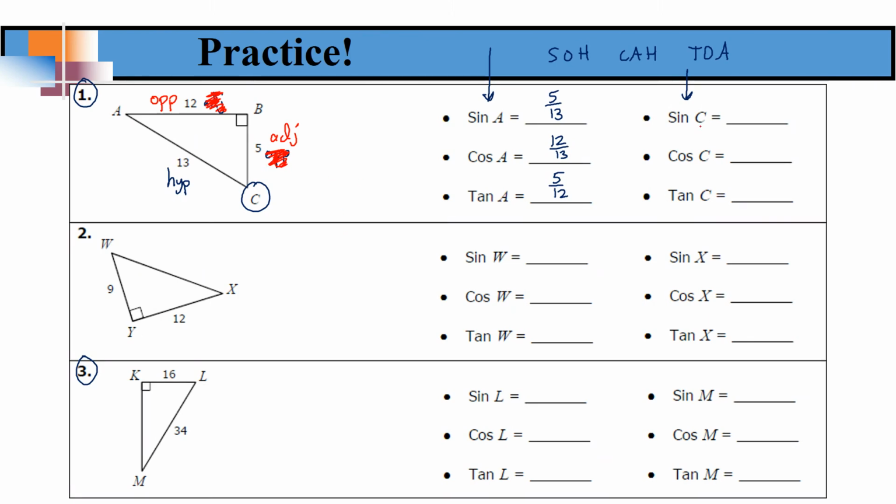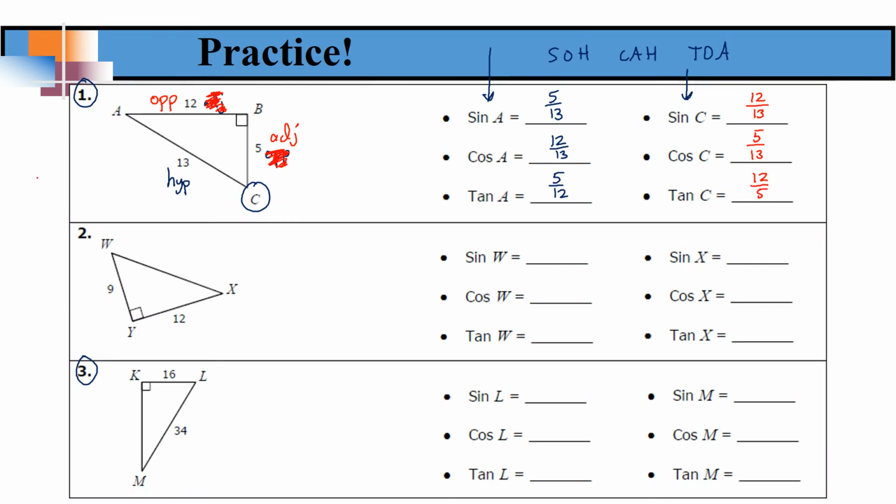And now, let's go ahead and remember our trig ratios. Sine is opposite over hypotenuse. In this case, that's going to be 12 over 13. Cosine is adjacent over hypotenuse, or 5 over 13. And then finally, tangent is opposite over adjacent, or 12 over 5.